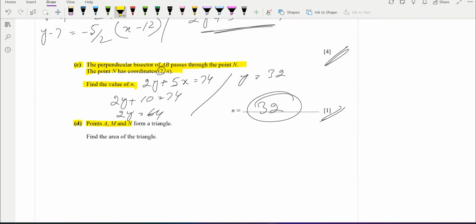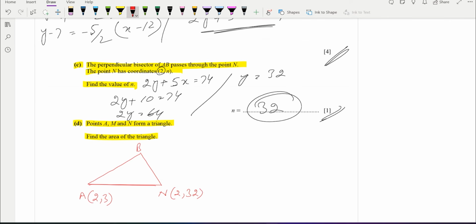D part: points A, M and N form a triangle, find the area of the triangle. To understand, we can draw a small triangle like this. This is A, which has coordinates (2, 3), and this is N, which we found just now, (2, 32).